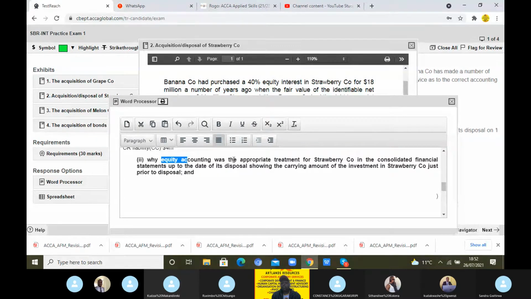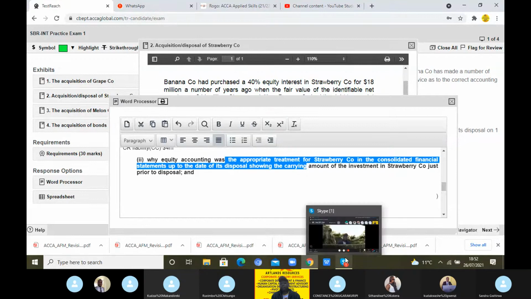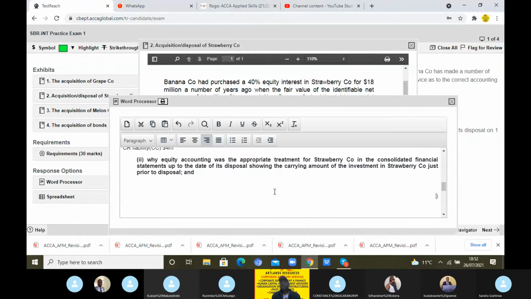If you look closely, it's saying explain why equity accounting was appropriate. It's not saying tell us whether it was good or the correct one. No, the directors are doing it correctly. Now the question is, tell us why.